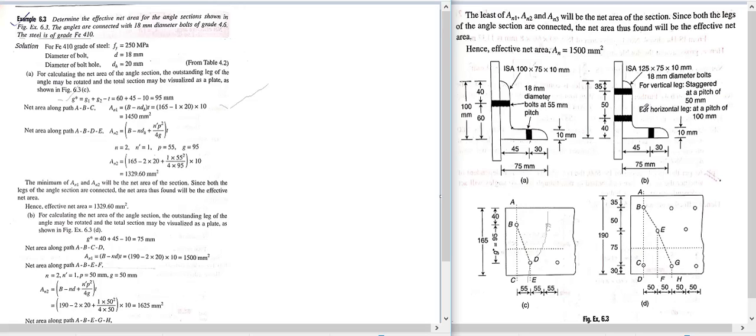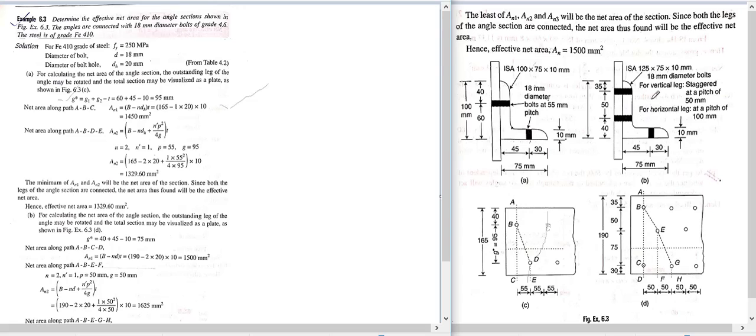Because this is a front view, you have to assume an infinite length, or maybe a certain 2 or 3 meter length. From that we can draw this figure. So this is a cut section.